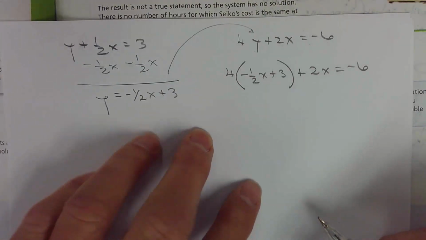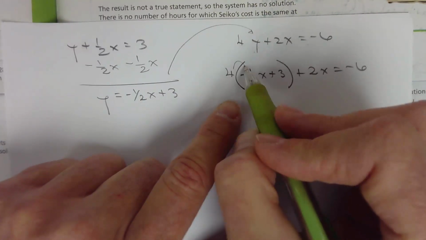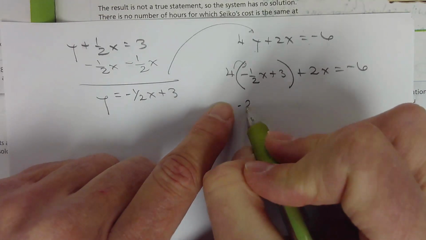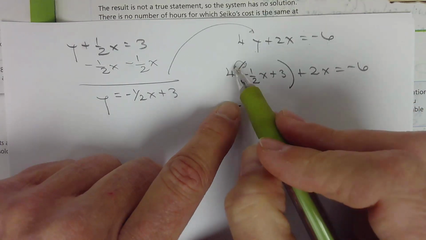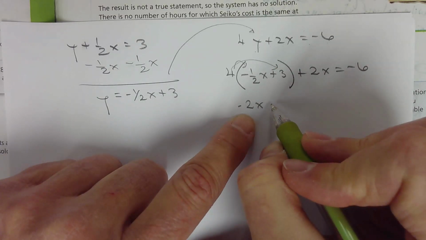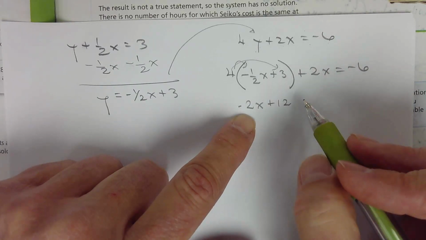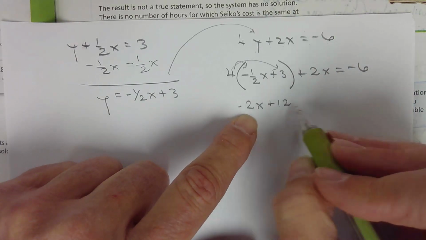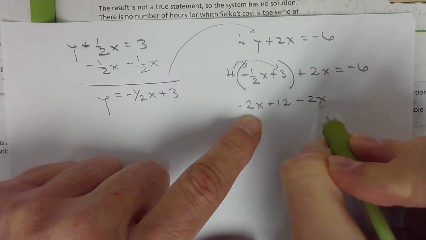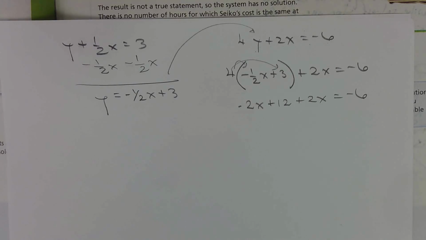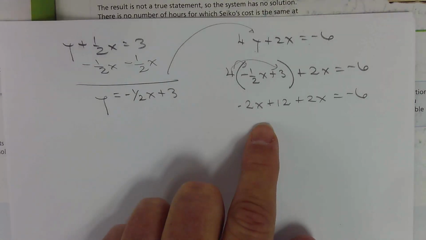So now I'll use the distributive property. What's 4 times a negative 1/2? A negative 2. So it's going to be a negative 2x, and then 4 times 3 is what? 12. Plus 12. And now I'm going to continue. I'm done with what's in the parentheses. I'm done using the distributive property. Plus 2x equals a negative 6. Okay? Well, now we can combine like terms. What can I get rid of here?